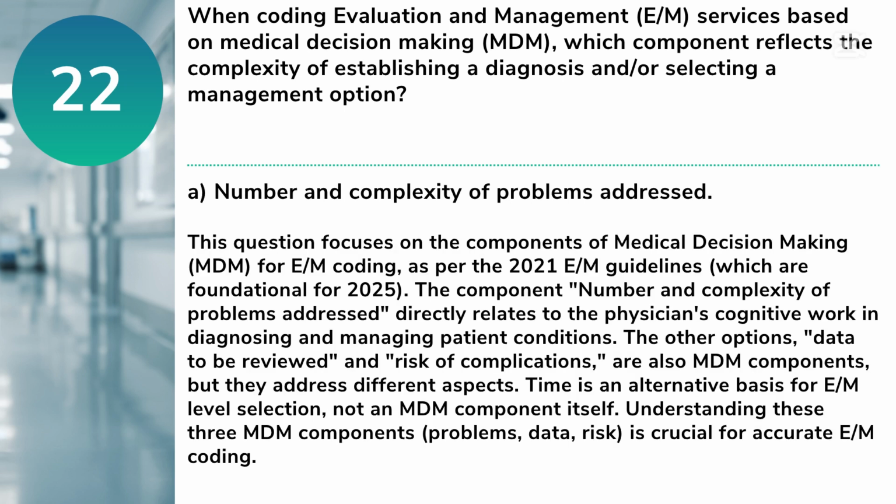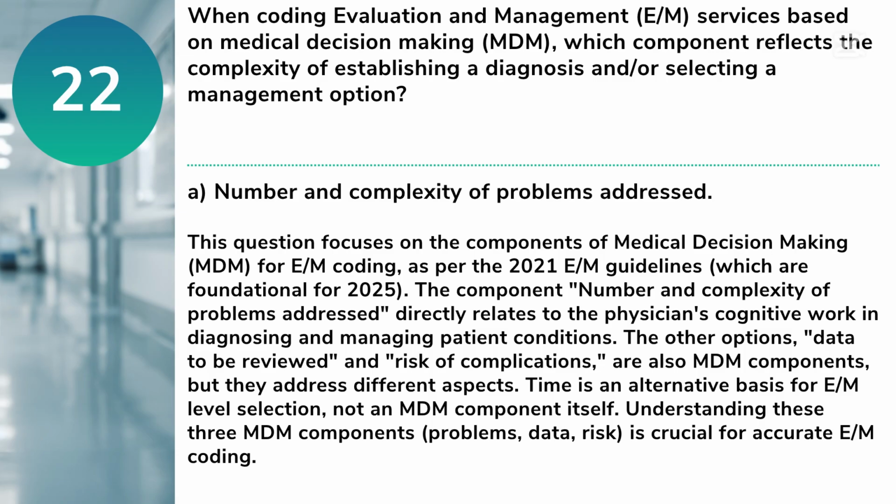Answer: A. Number and complexity of problems addressed. This question focuses on the components of medical decision-making, MDM, for E/M coding, as per the 2021 E/M guidelines, which are foundational for 2025. The component number and complexity of problems addressed directly relates to the physician's cognitive work in diagnosing and managing patient conditions.